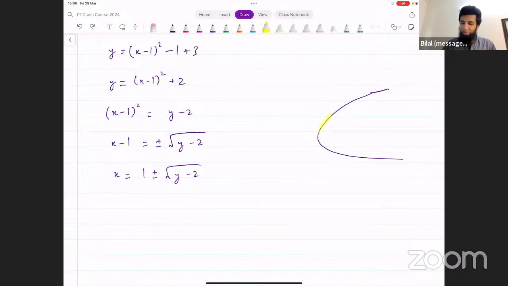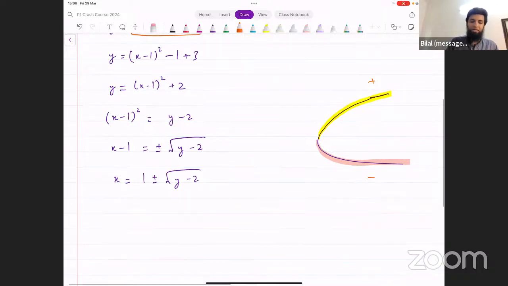Because this upper part of the graph represents the case when you have plus here, and this lower part represents the case when you have minus here. You're either going to have plus here or minus, only one of them. So initially, when you take the square root, you're always going to have plus minus there. And then once you have done that, you will have to decide whether you are going to be using plus there or minus there.